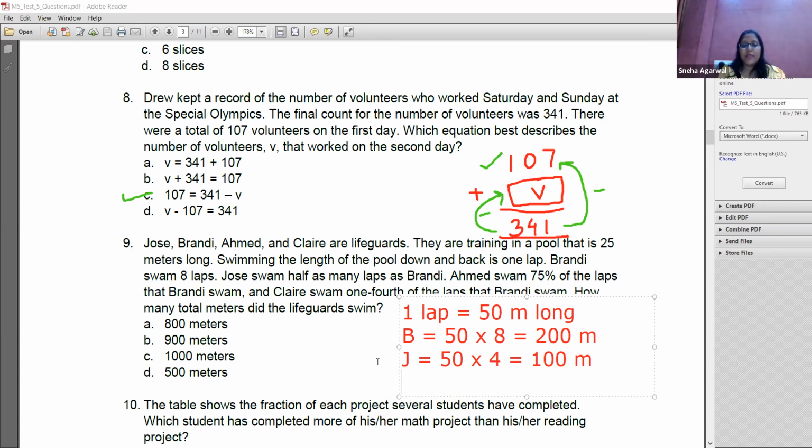Next one. Ahmed swam 75% of the laps that Brandy swam. Brandy has swum 8 laps, so find 75% of 8. You must know how to find 75% of 8, so I'm explaining. 75 by 100 of 8.